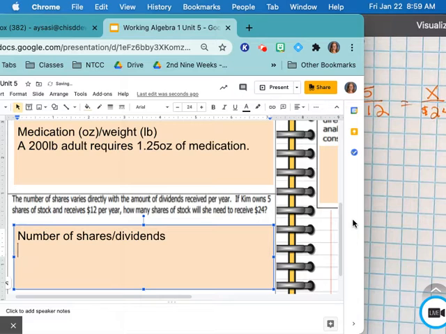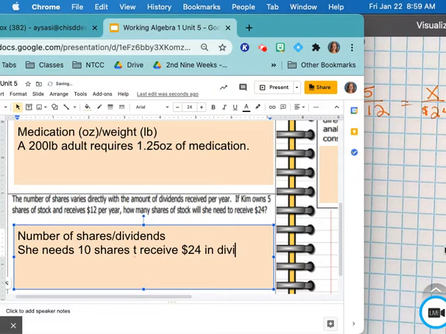Okay, so how could we write it? How many shares of stock will she need to receive $24? She needs 10 shares to receive $24 in dividends.